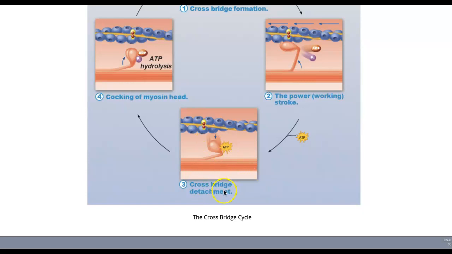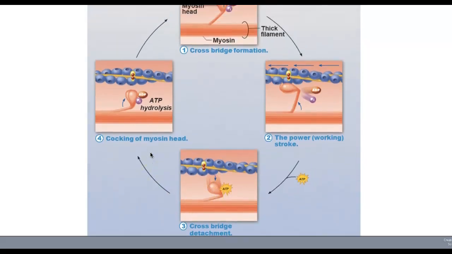So with cross-bridge detachment, we see that the myosin head has been released from actin. And what causes it to release is this new molecule of ATP has come along and bound to the ATP binding site on myosin. Okay, so the myosin head has released. A new ATP is bound. What do we do with that new ATP?